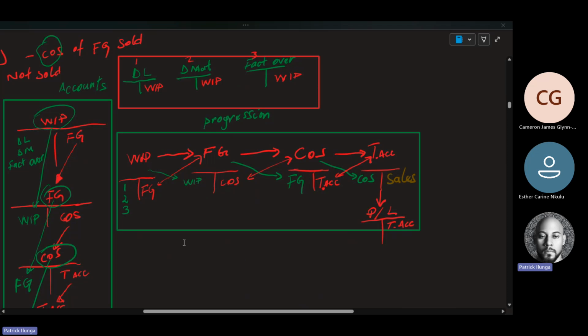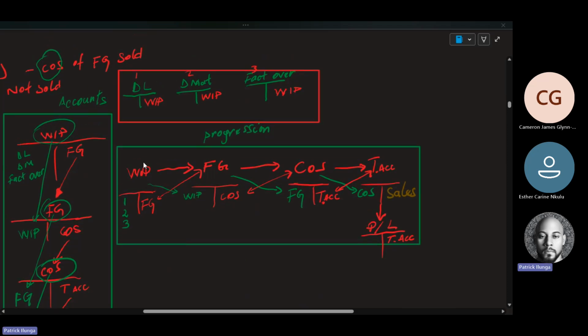From your direct labor, direct material, factory overhead, as you see on the screen here, these are all the inputs that will go into the main manufacturing or production, the work in process. So from the work in process, you move on to the finished goods. From the finished goods, you will look at the cost of sales of those finished goods.